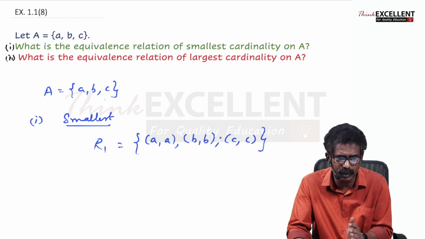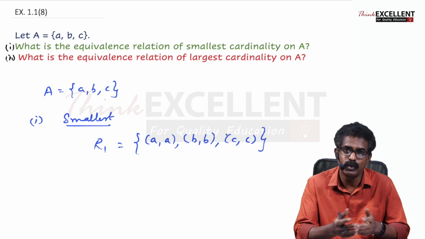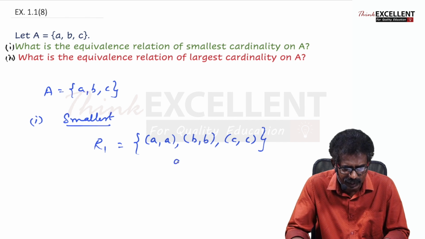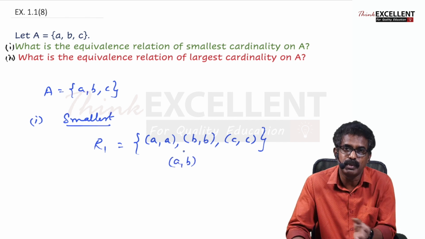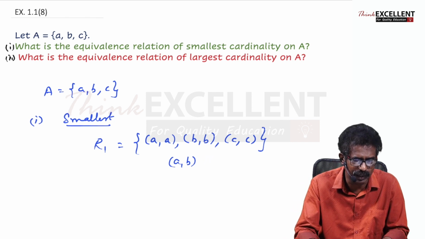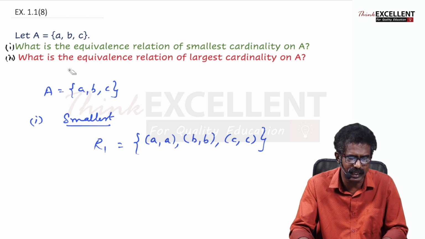So here every element is related to itself, so reflexive is satisfied. Symmetric, you need not check anything. It is symmetric because if I write A related to B, then B must be related to A. Then I need (B, A) also, right? So then we keep on writing, it becomes a larger one. I want the smallest one which satisfies all.